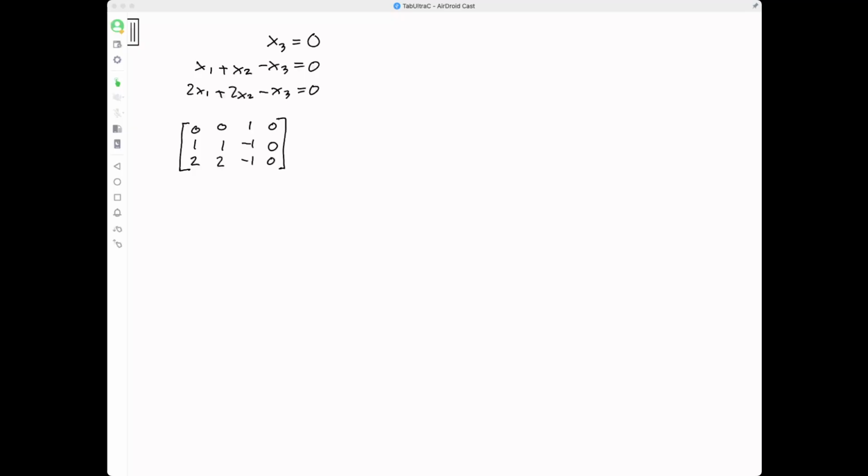And so what I'm going to start with is I'm going to interchange row 1 and row 3. Once again, I don't have to do this. I just think it looks nicer if I do. So I get 2, 2, negative 1, 0, 1, 1, negative 1, 0, and 0, 0, 1, 0.